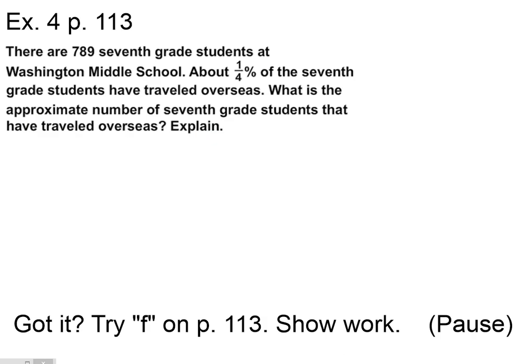Okay, example 4, page 113. There are 789 7th grade students at Washington Middle School. About 1/4% of the 7th grade students have traveled overseas. What is the approximate number of 7th grade students that have traveled overseas? And we need to explain this time.